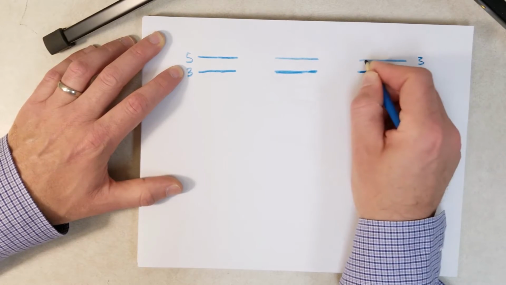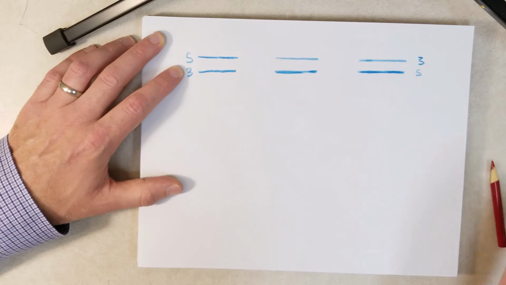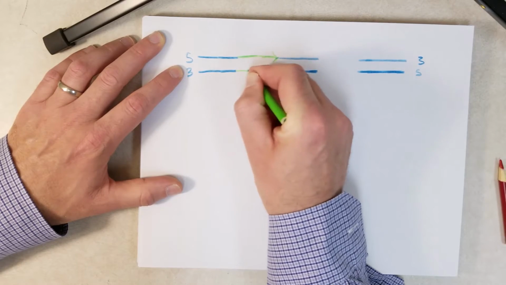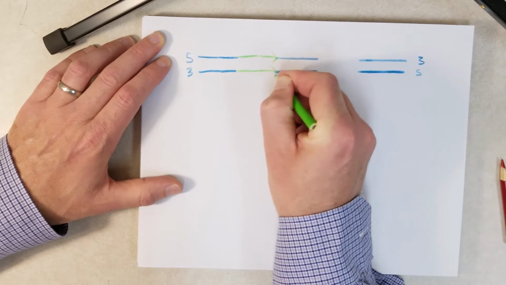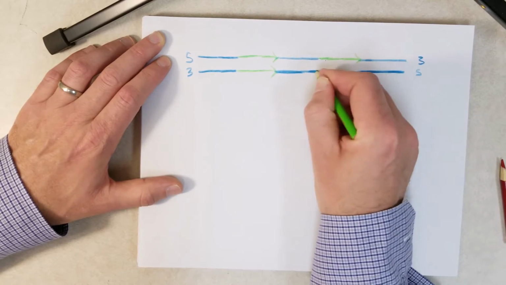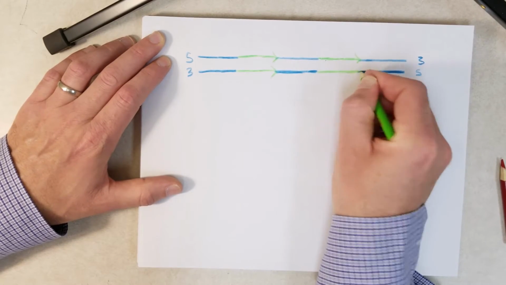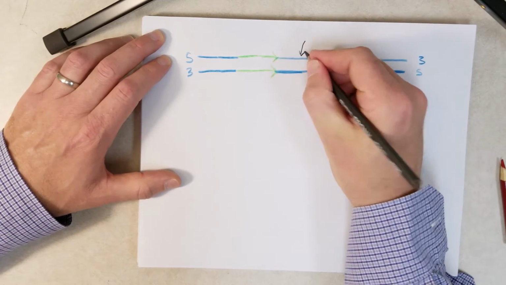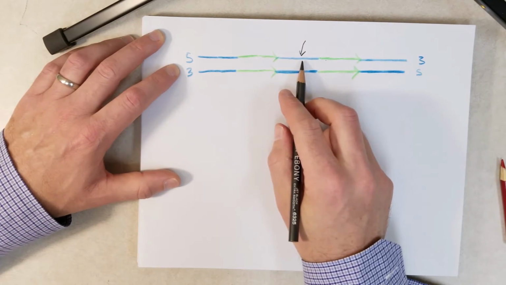So there's no recipient, no donor in this mechanism. I'm using green to indicate the location of the directly repeated sequence, and let's say the double strand break occurs in here.